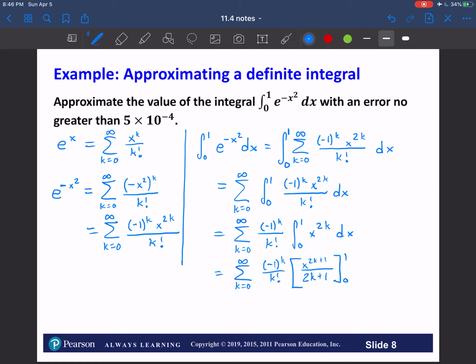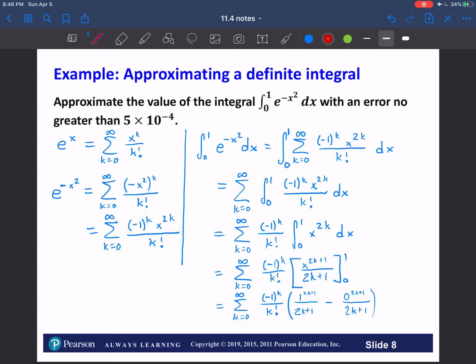So this is the sum from k equals 0 to infinity of negative 1 to the k over k factorial times, if we plug in 1, we would get 1 to the 2k plus 1 over 2k plus 1 minus, and if we plug in 0, we would get 0 to the 2k plus 1 divided by 2k plus 1.